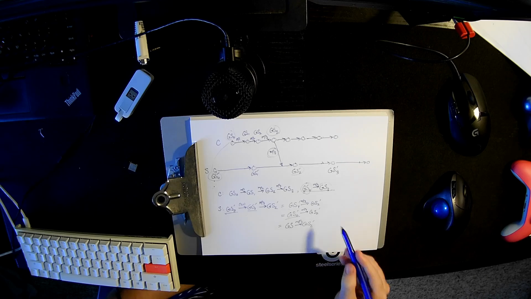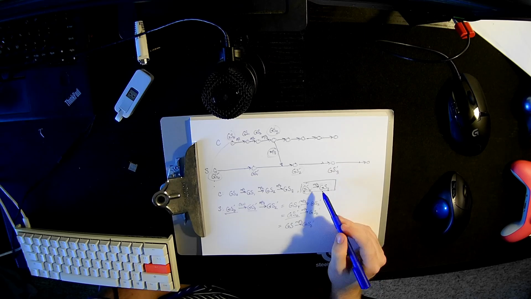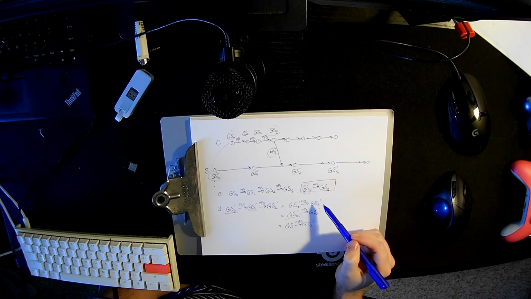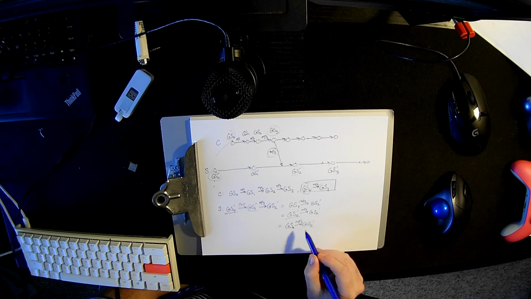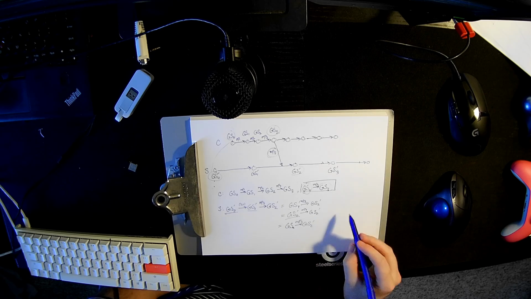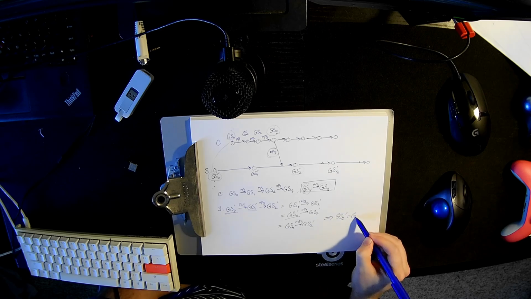Now because we know GS3 is just GS0 and you apply MP3, and we know GS2 prime is GS0 and you apply MP3, this implies that GS2 prime equals GS3.